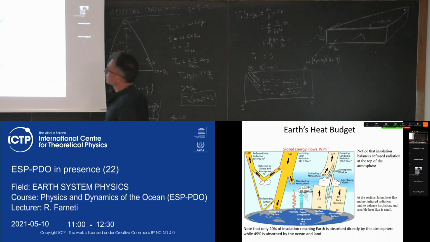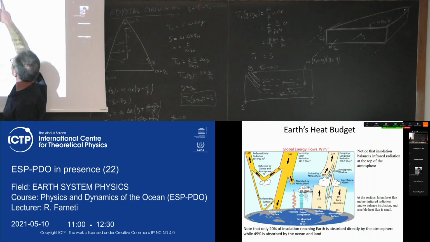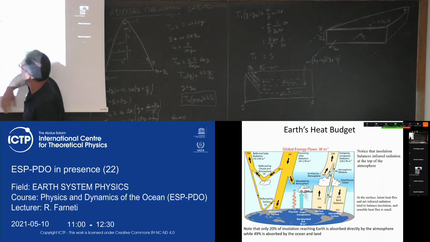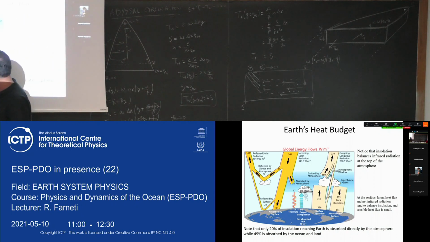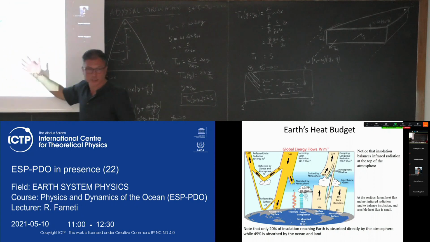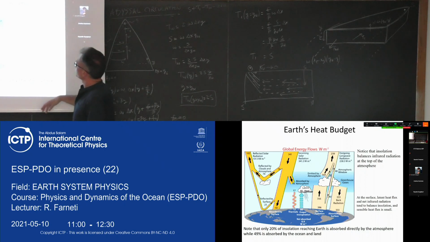Okay. Some of this is reflected by clouds, some of this is absorbed by the atmosphere, some is emitted by the atmosphere as outgoing long-wave radiation. You can look at all the numbers. Presently, it should be imbalanced, okay? How much energy is coming in, how much is reflected by the atmosphere, how much is getting reflected by the surface.